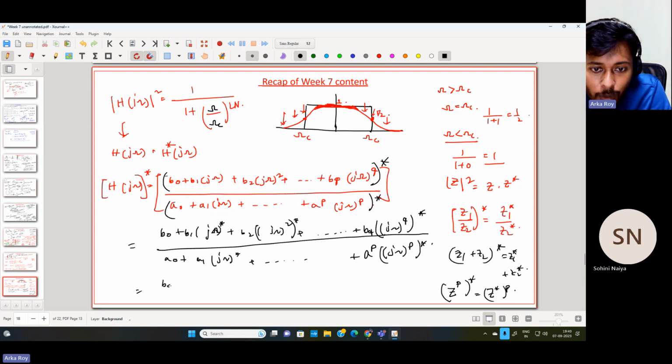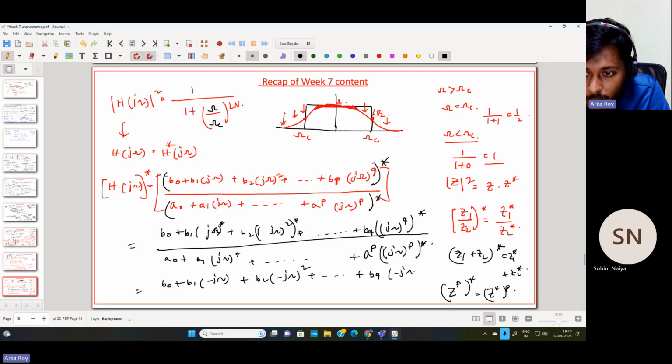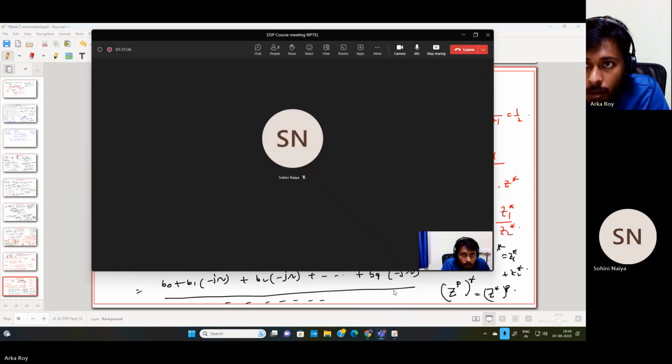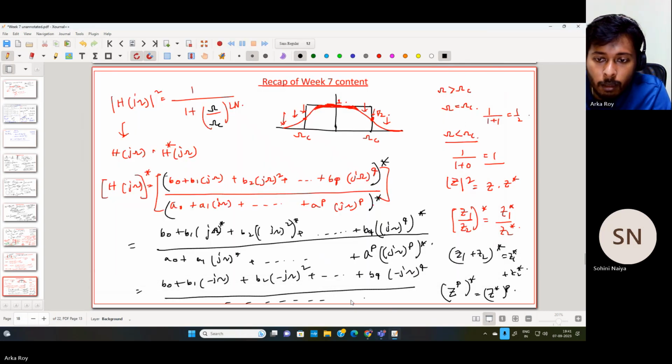So it will be b0 + b1 (minus jω), then b2 (minus jω) squared, likewise bq (minus jω) to the power q, and likewise over here also. So in the denominator I can do the same operation.